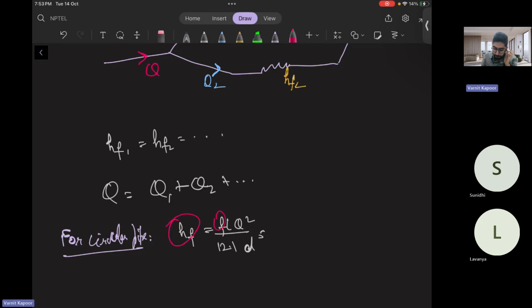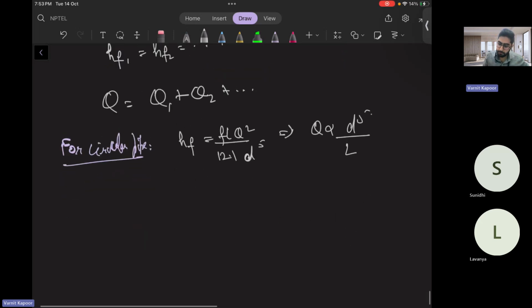Friction factor for a material is the same for a pipe, and 12.1 is a constant value. L is changing, D is changing. So Q can be written in terms of d to the power 5 over L. From here, Q is proportional to d to the power of 5 by 2 over L to the power of 1 by 2, because it is Q square.